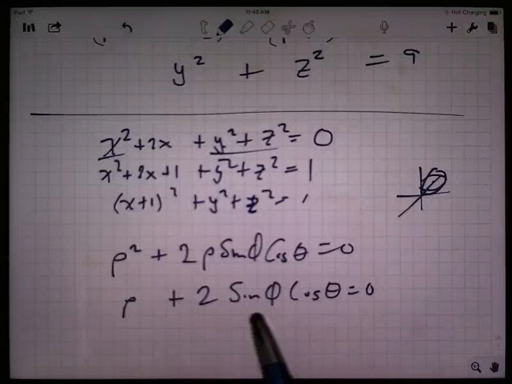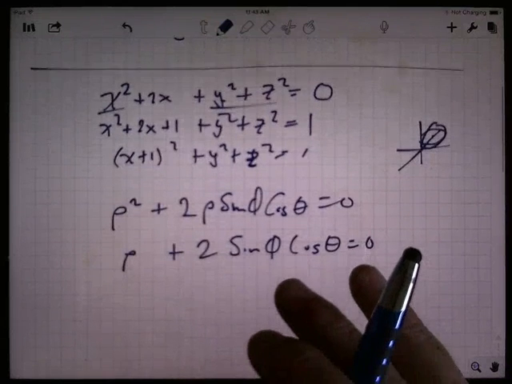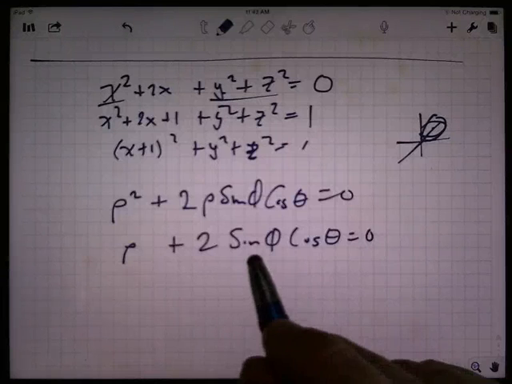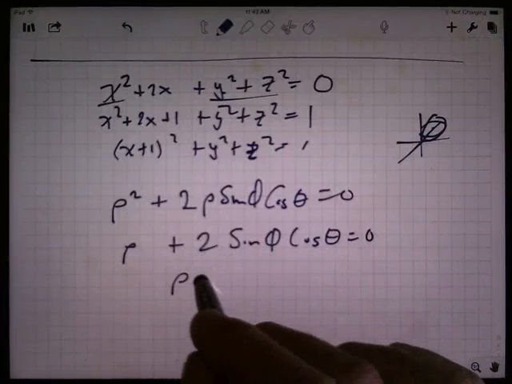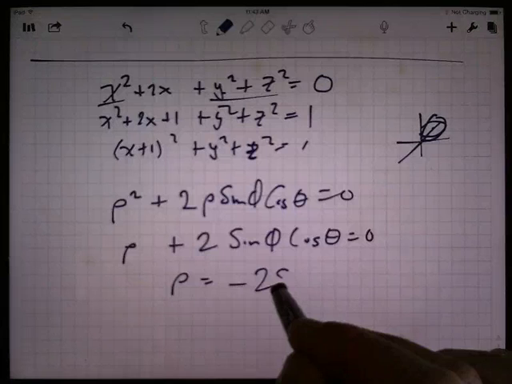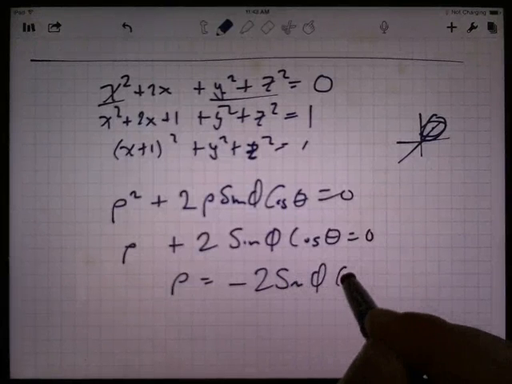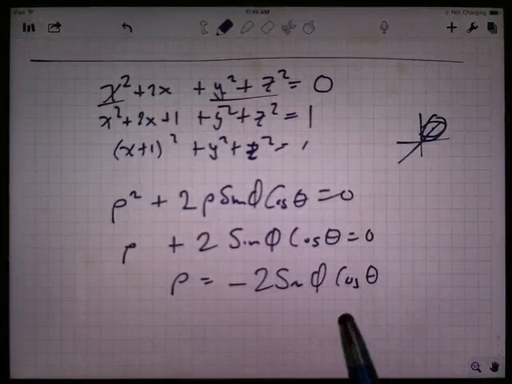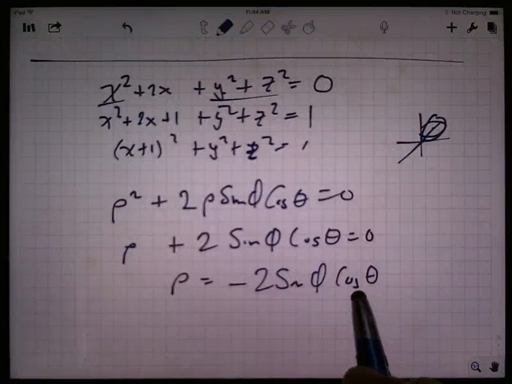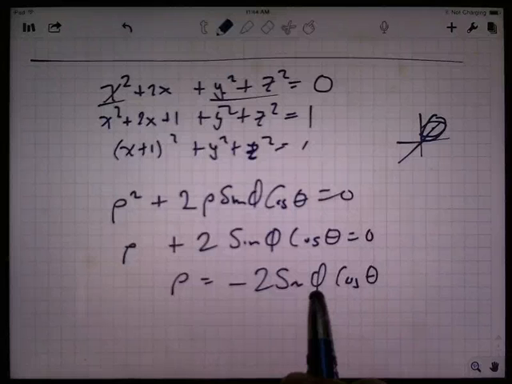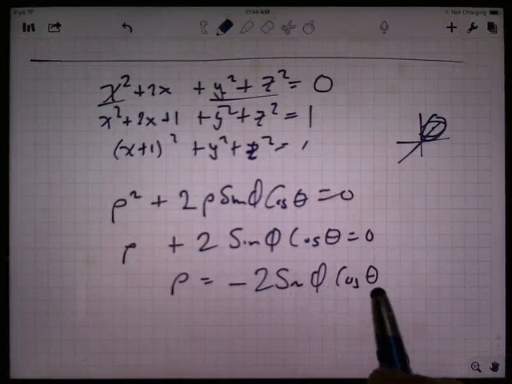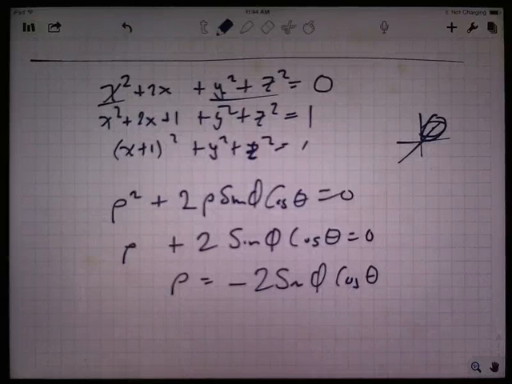If this still passes through the origin, then I haven't lost anything. And in fact, this does pass through the origin, and I can see that because by taking either theta equals pi over 2 or phi equals 0, either one of those would make this side equal to 0, and hence rho is equal to 0, and you've got the origin. Okay.